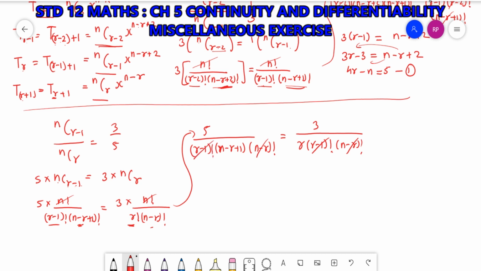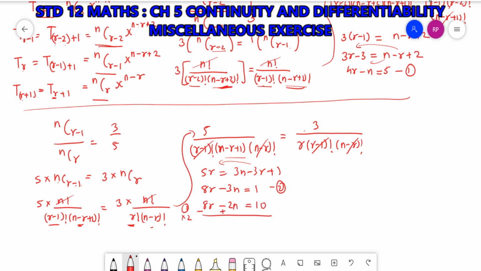Now cross multiply, 5r equal to 3 into (n-r+1). When the 3r goes here, 8r, 3n here, minus 3n equal to 3. Equation 2. Let's take equation 1 here, 1 into 2.